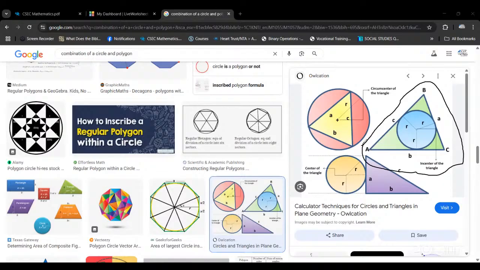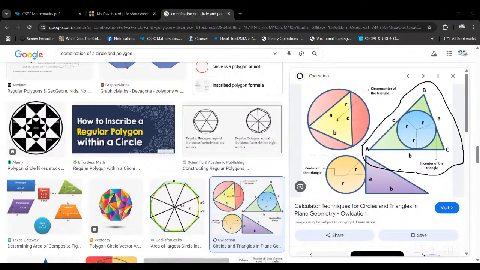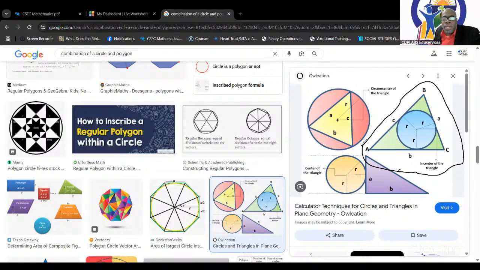But I have to see what kind of triangle it be. Yeah, but whatever the triangle is, what would you need to know about the triangle? How much it measures up to. If you look at the length of it, let's say you know those measurements, what would you do after knowing those measurements?